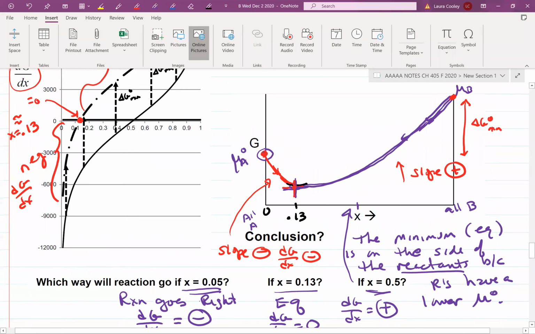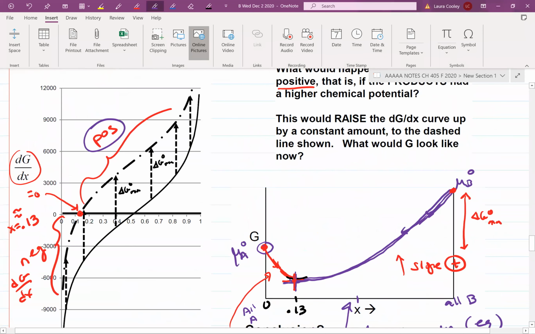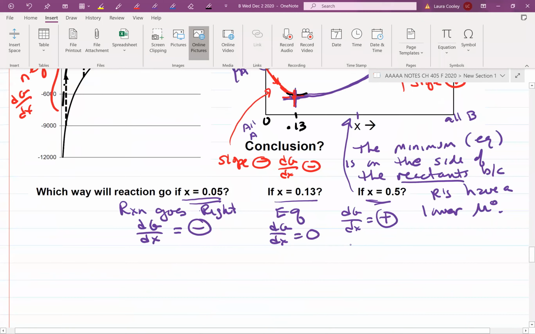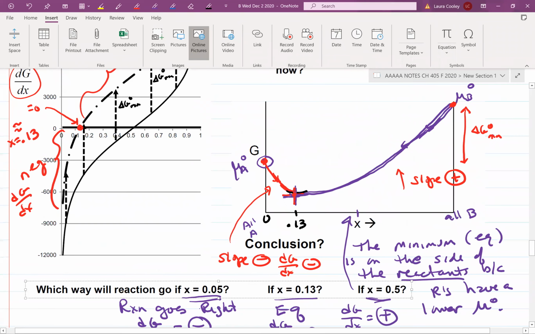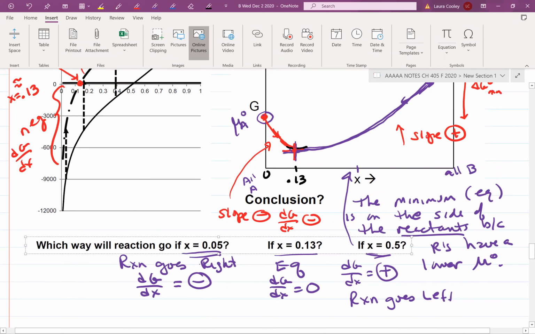Yeah, it's all positive, that's what this is. And so the reaction goes left. Here, the reaction goes right. Oh, I wrote that down already. Okay. So that's the big reveal.